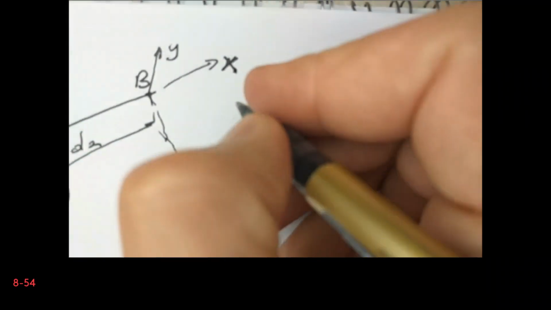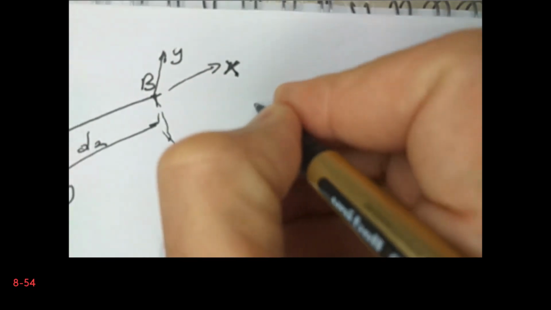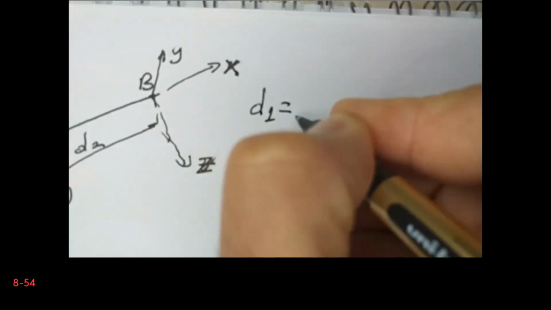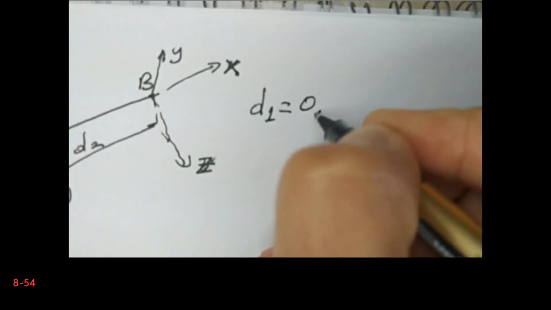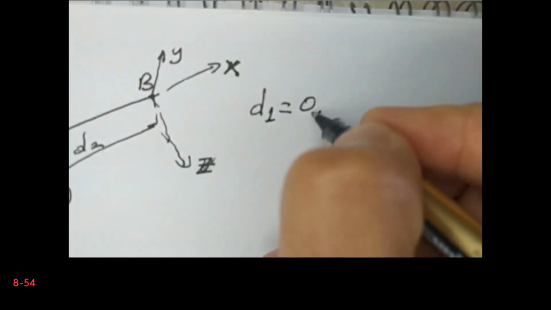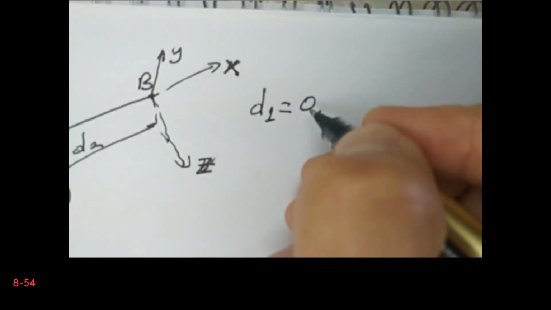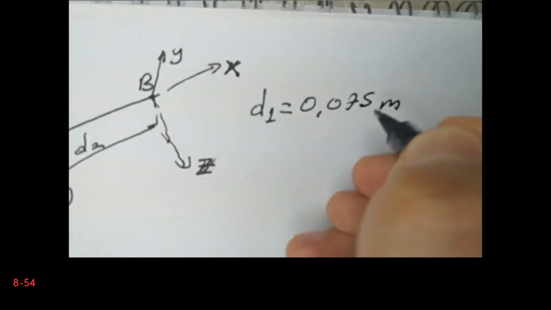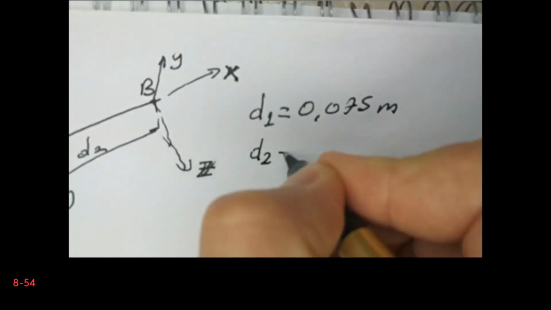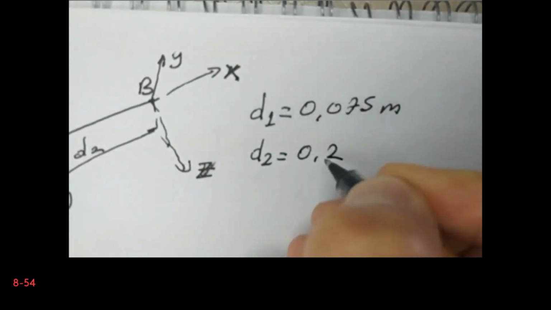Okay, now D1 is already given. It is 0.075. D2 is 0.2.